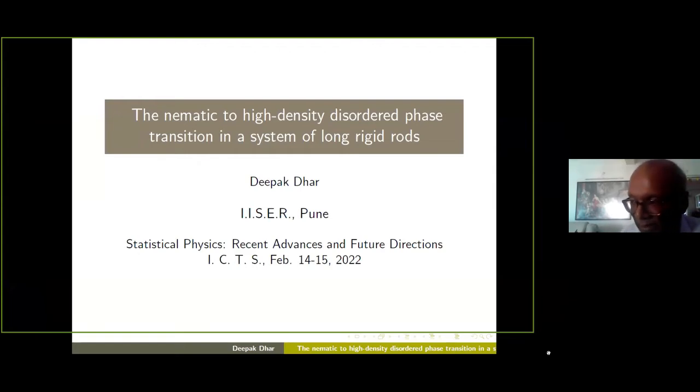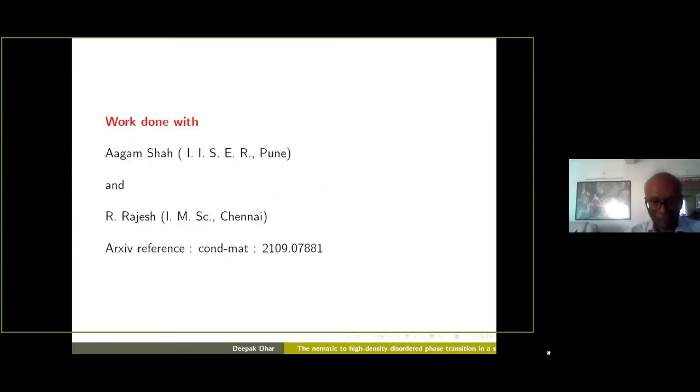But I thought it will be interesting even for others, and that is why I want to discuss it with you briefly here. So this work is done with Agam Shah, who is a student or was a student at ISR, and with Rajesh. And so it is dealing with hard rods and phase transitions in hard rods.